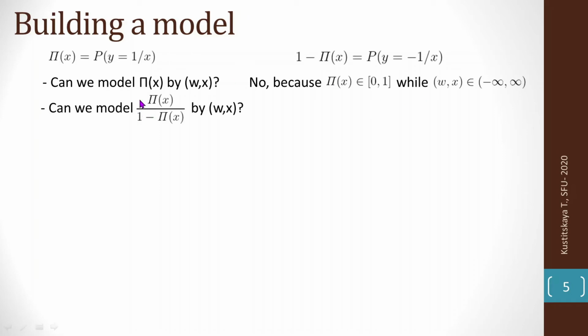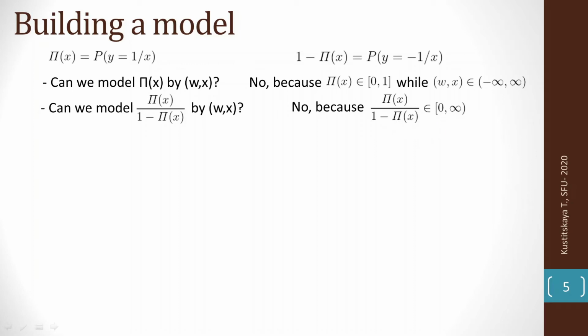Let's try to use such a transformation: P of x over 1 minus P of x. Maybe we can model this fraction by w dot x. Again not, because this fraction lies in the interval 0, infinity.